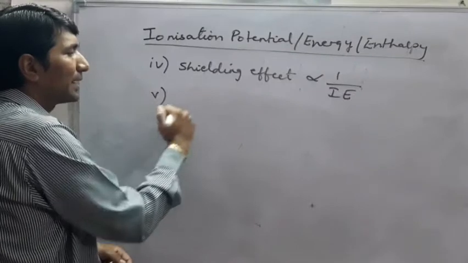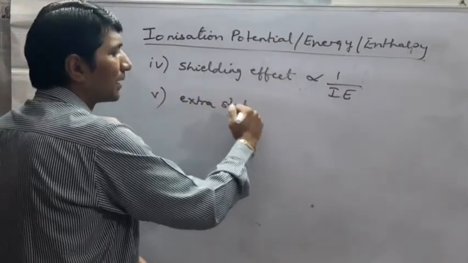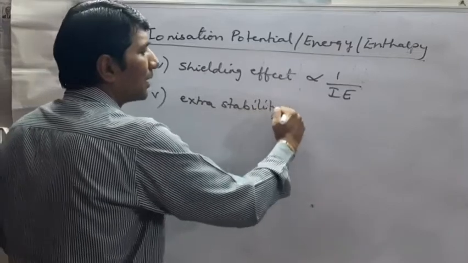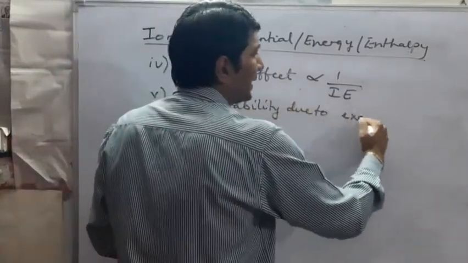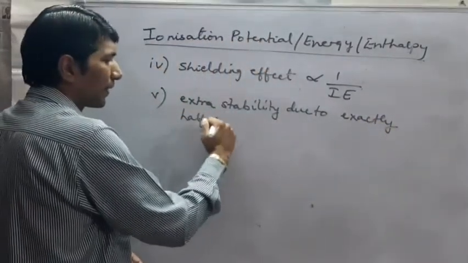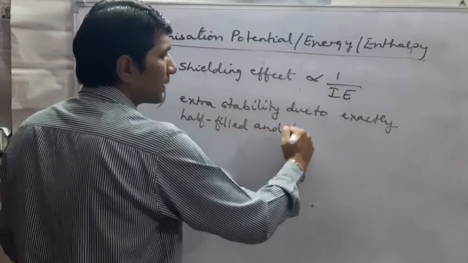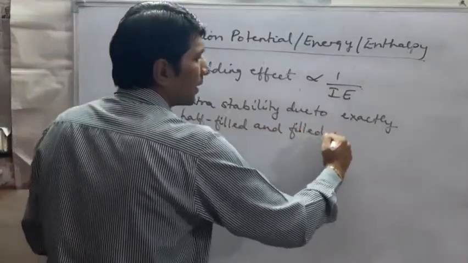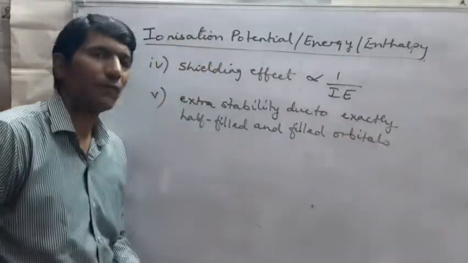The fifth point is extra stability due to exactly half-filled and full-filled orbitals.